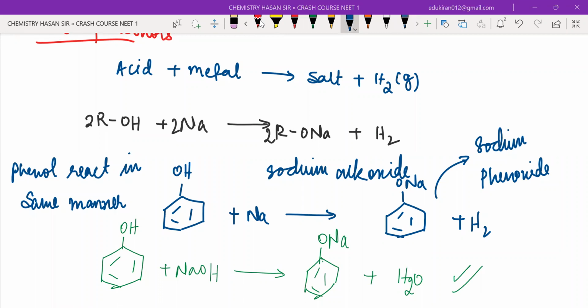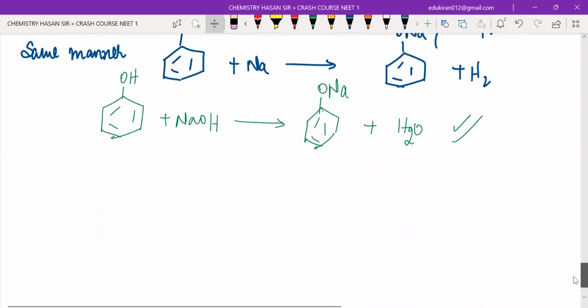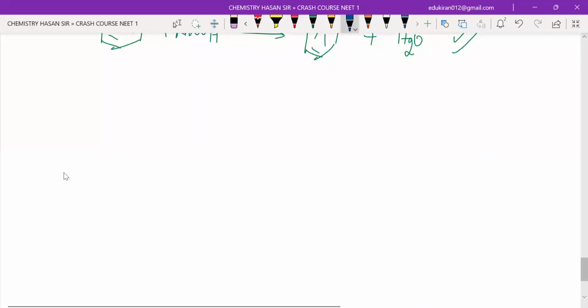Are you done with this? Yes, sir. Okay. Now this reaction is very important. Acidity of alcohol, since we are studying. Can anyone tell me which one is more acidic?